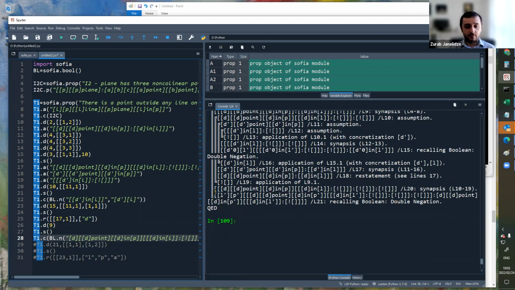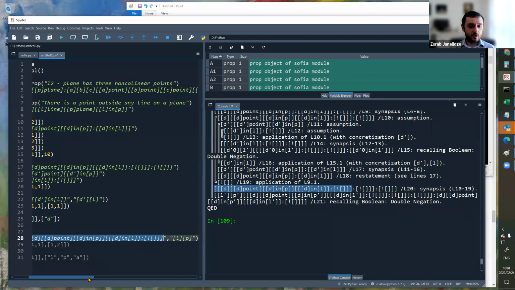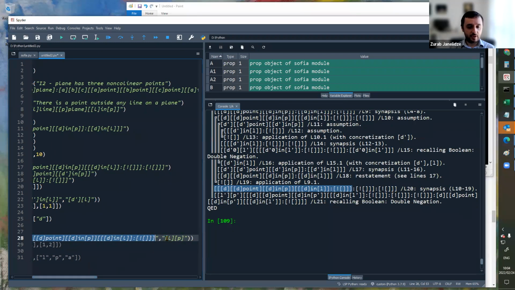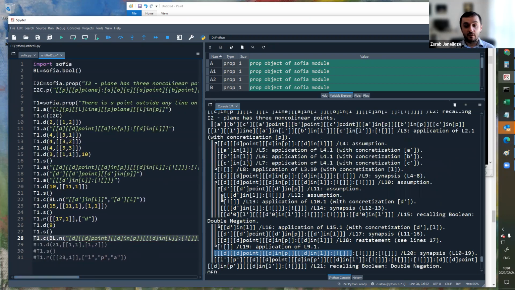This time we recall it for the statement we're going to apply it to. So inside this BL axiom builder, we put this parameter, which is the statement for which we want to apply the double negation rule. And in the second parameter, we indicate the variables, which are meant to be variables that already have fixed meaning in our proof.